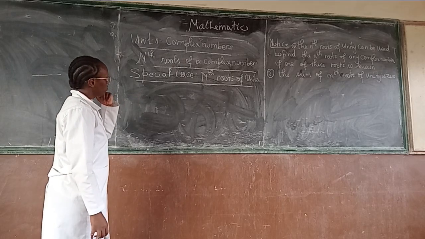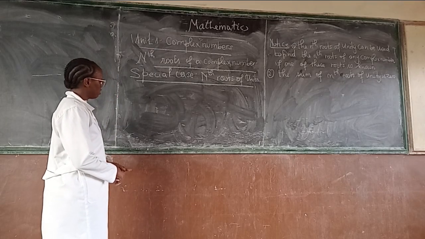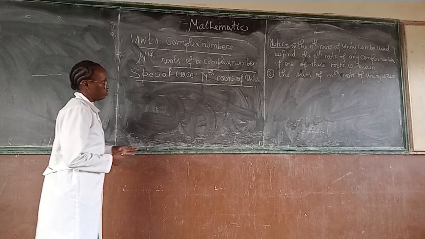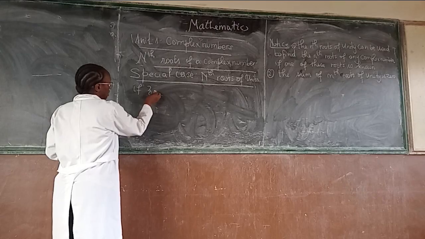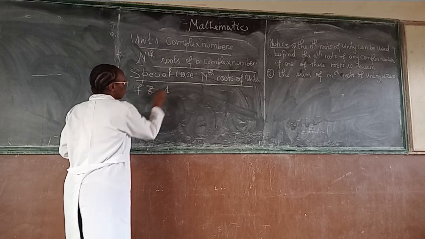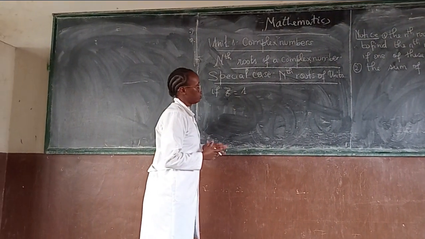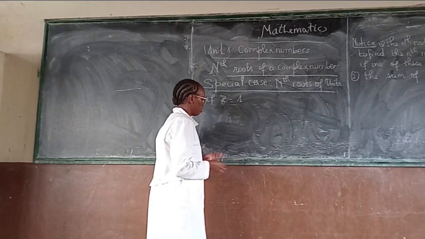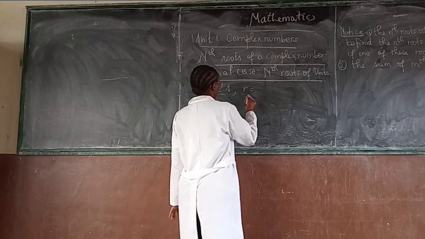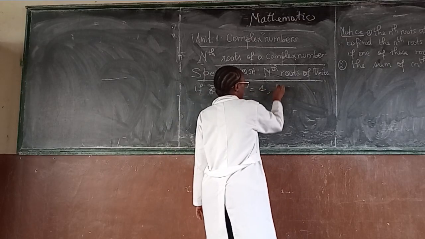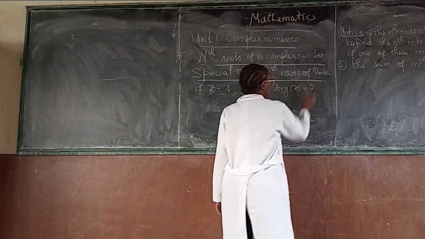Apart from that example we tried to find the roots of that complex number, we may get special cases. The special case we have is the nth root of unity. So if z is equal to 1, we are going to see how we will find the nth root of that unit. Know that the modulus of this complex number is 1, and the argument is 0.